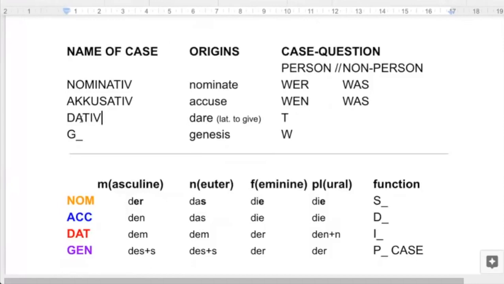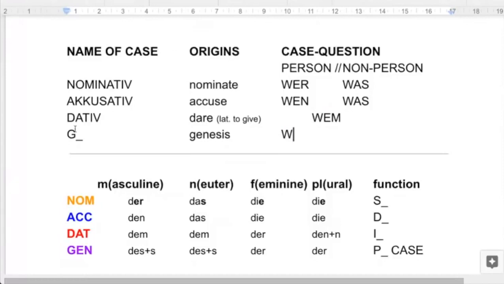So if there is a thing that is given, or for example, there is something that is told to you, then that is the dative. In English, you would ask, to whom have you given the mobile? And in German, careful, we only use one word, wem. And there's no was here. So we use that for both.